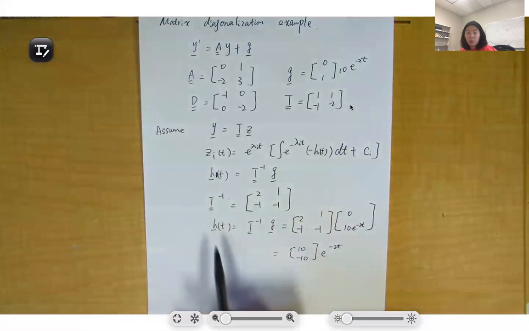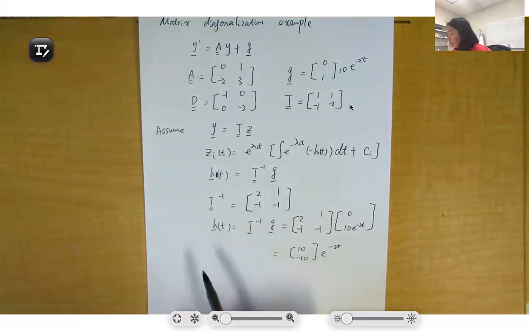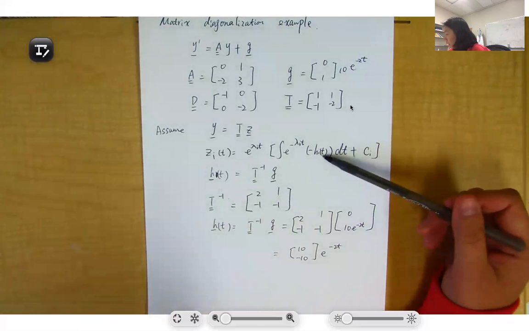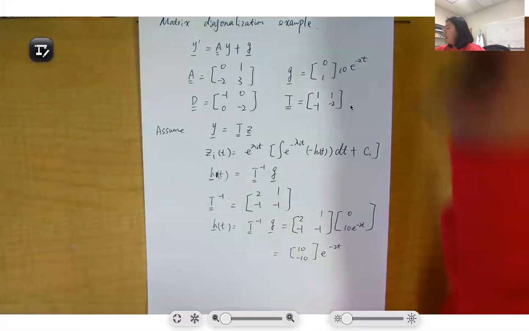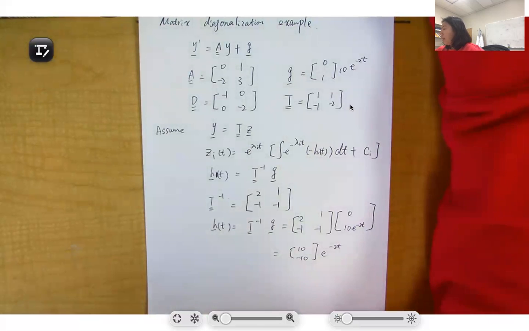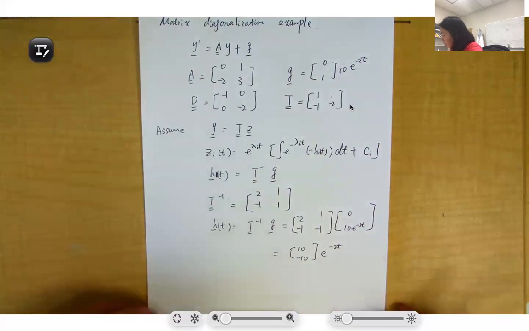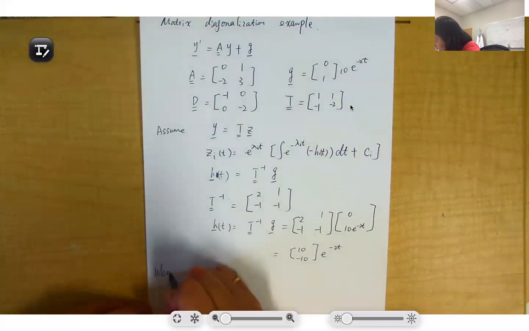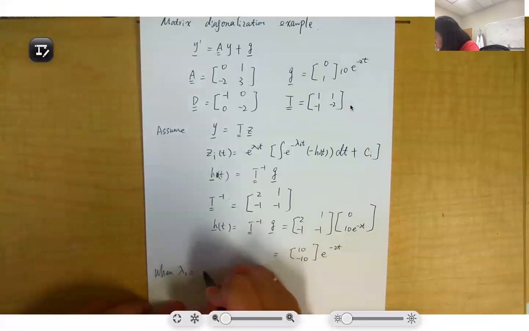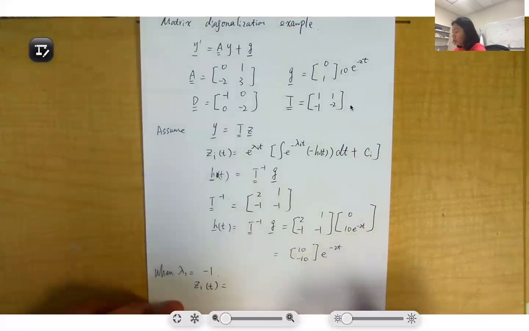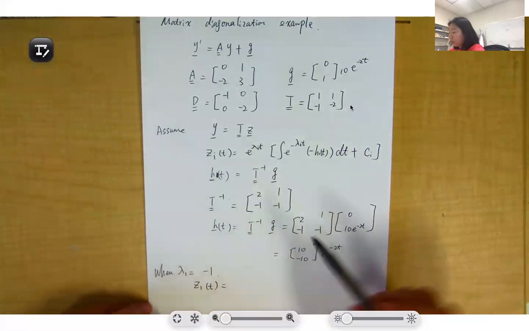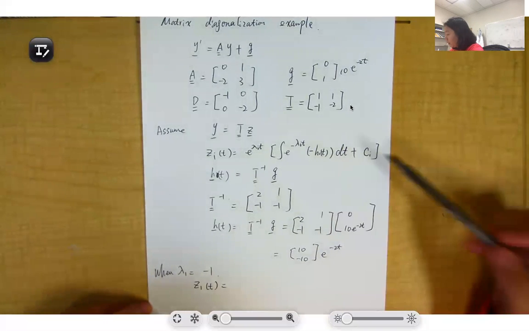So that is our h(t)s. Then you will know what h1 is and what h2 is. When lambda 1 equals -1, then you have z1(t). We just need to input all the variables we already know into these equations.